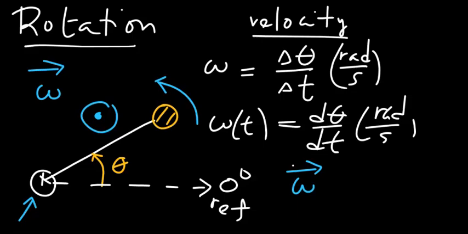If the direction of rotation is clockwise like that, then the direction of the angular velocity is going into the board, as represented by this cross.